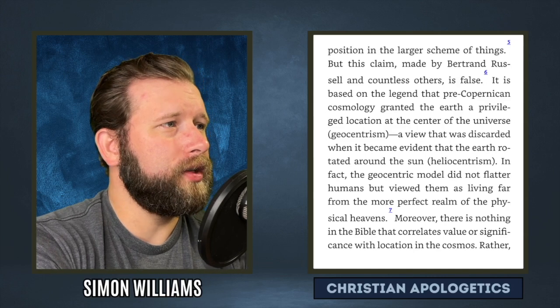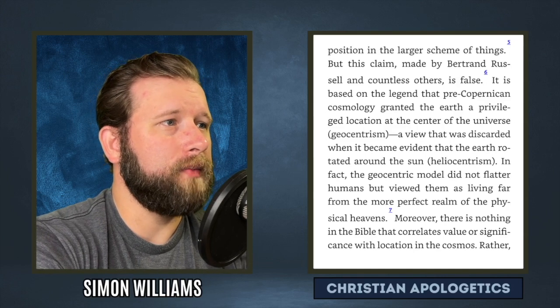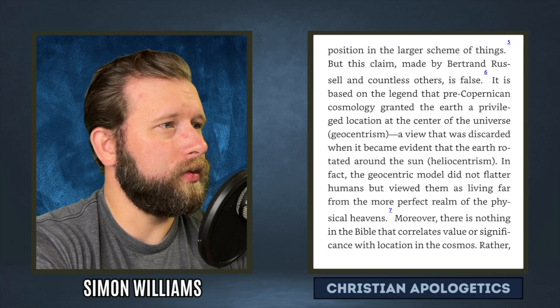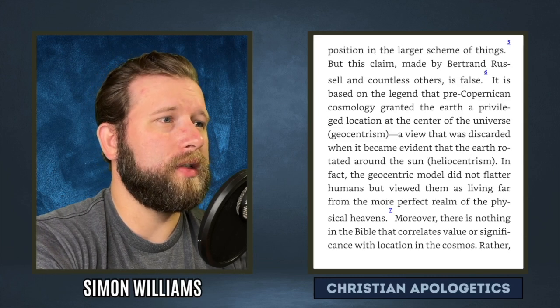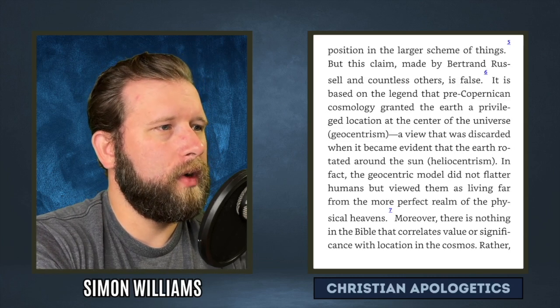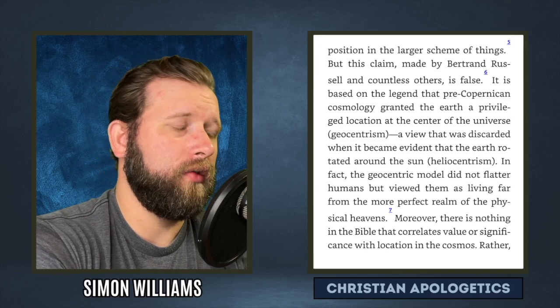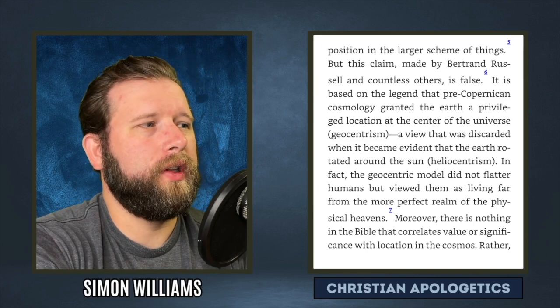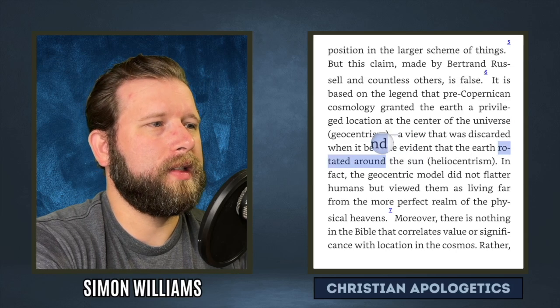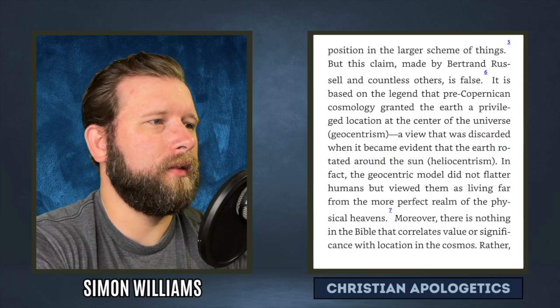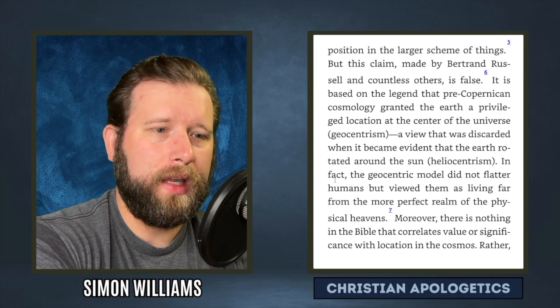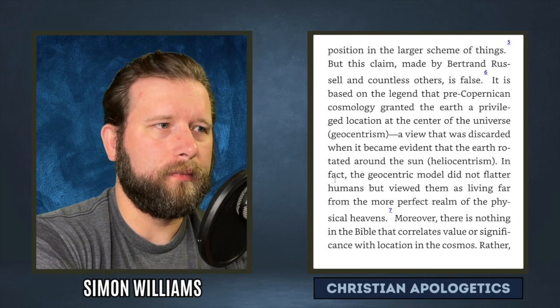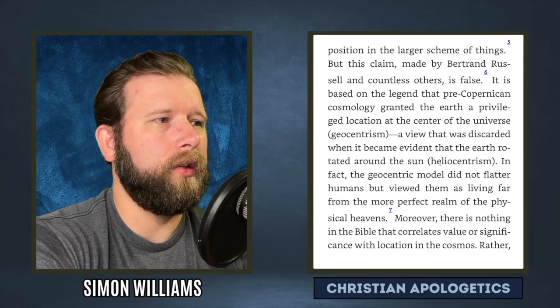It is based on the legend that pre-Copernican cosmology granted the Earth a privileged location in the center of the universe, geocentrism, a view that was discarded when it became evident that the Earth rotated around the sun, heliocentrism. Now, personally, I wish that Groothuis had said orbited the sun, but the rotation of the Earth is also a key feature of the evidence for the heliocentric model.